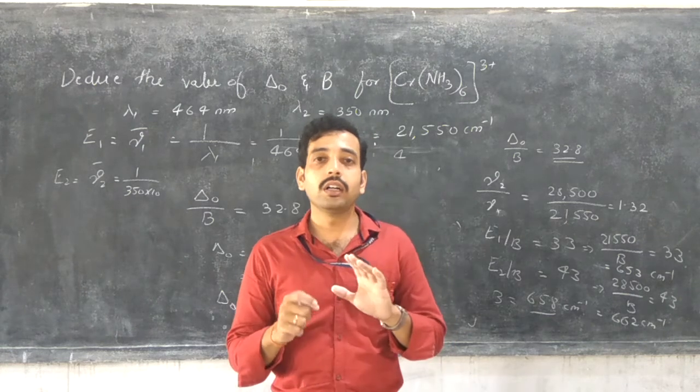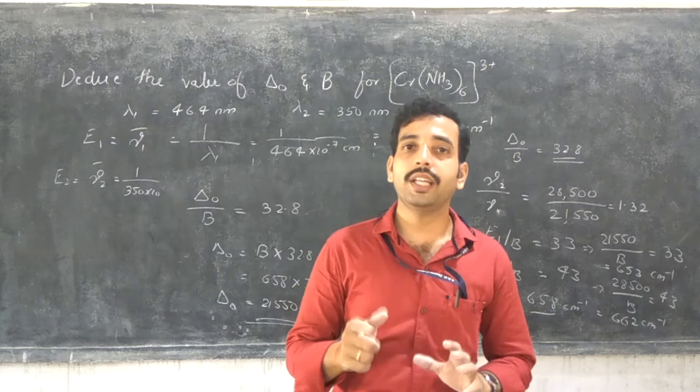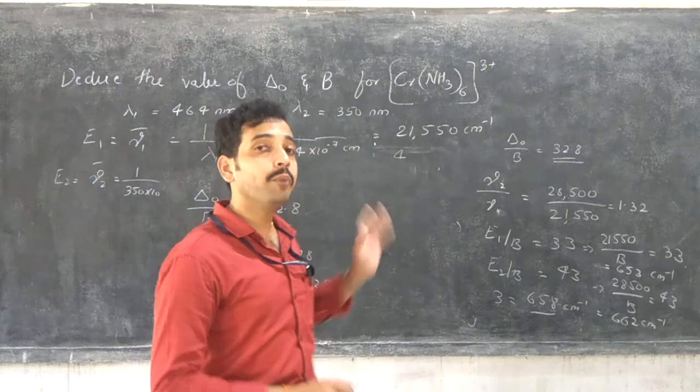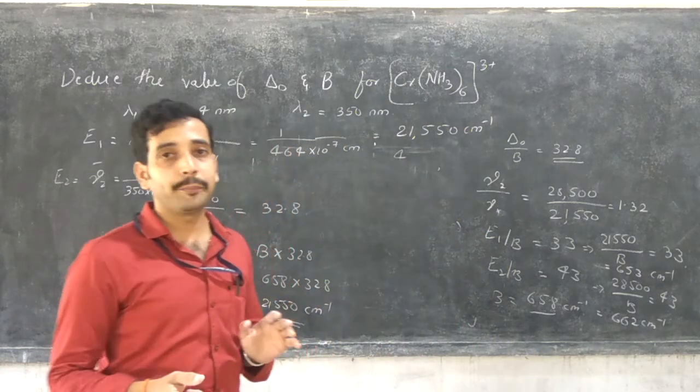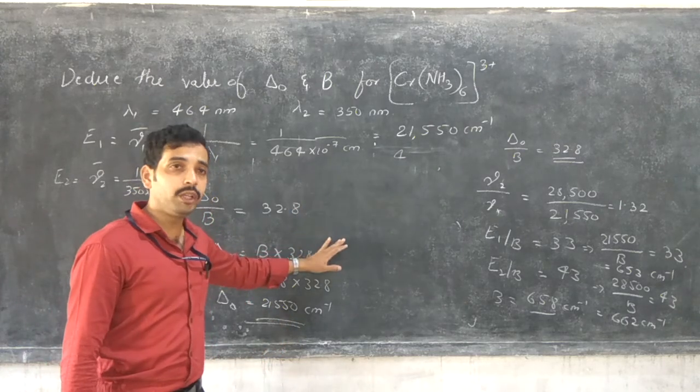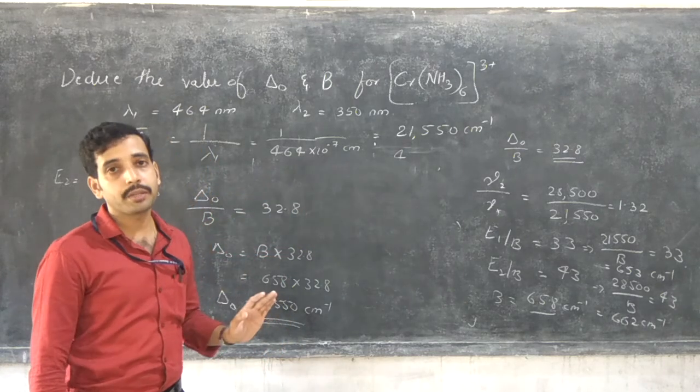In the examination we can explain a rough diagram of the Tanabe-Sugano diagram. That's why this type of calculation will not be asked. But this is how it's applicable quantitatively, based on these calculations.